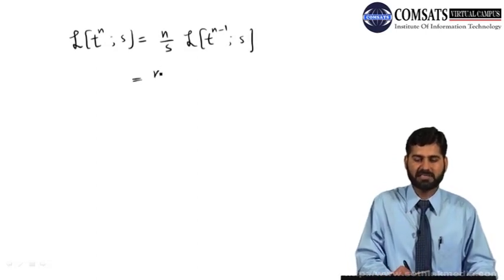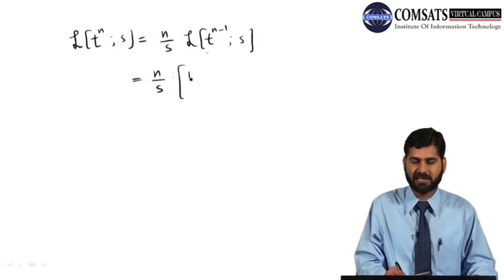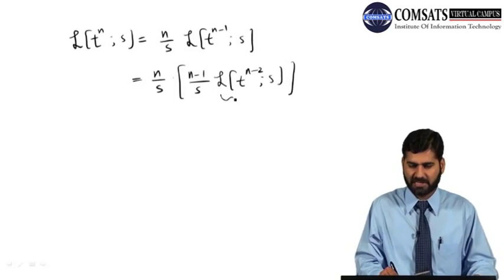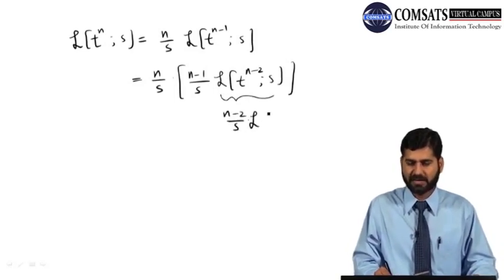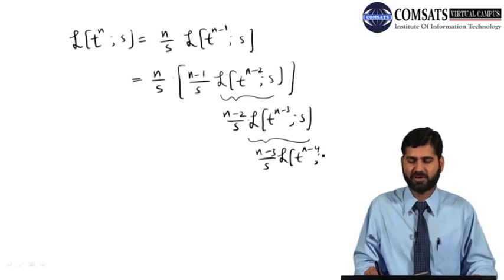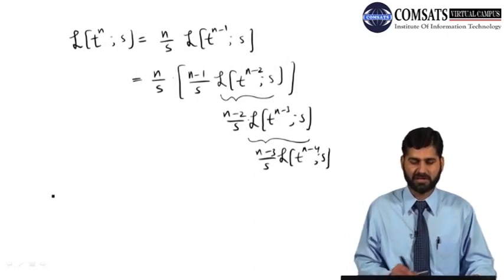Now using the same relationship, the Laplace transform of t^(n-1) will be (n-1) over s times the Laplace transform of t^(n-2), right? And similarly, the Laplace transform of this is (n-2) over s times the Laplace transform of t^(n-3). All right. Similarly, the Laplace transform of this is (n-3) over s times the Laplace transform of t^(n-4), and so on. You can continue with that.